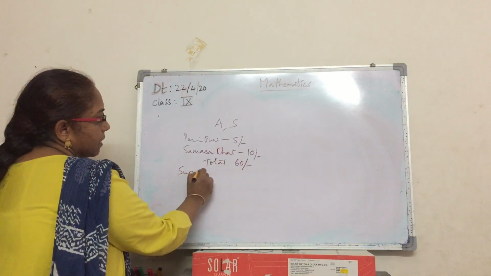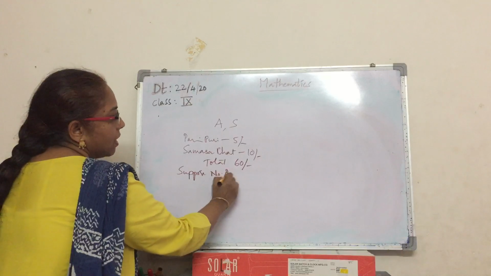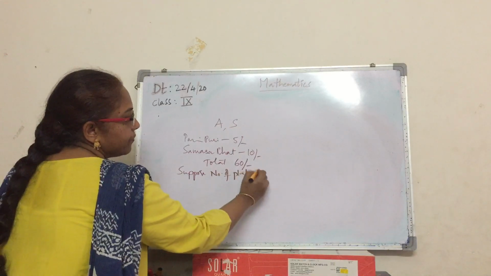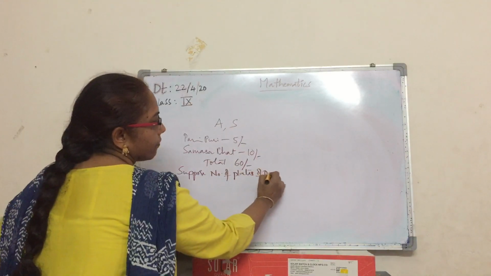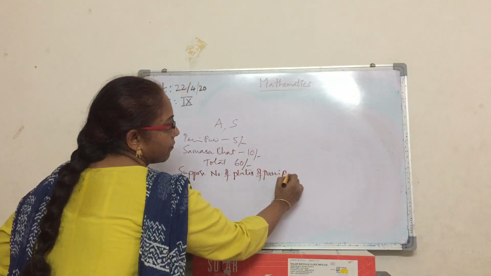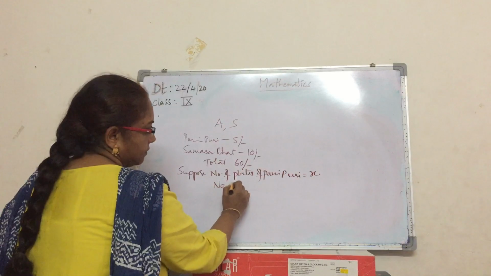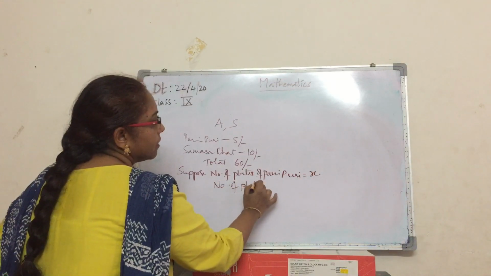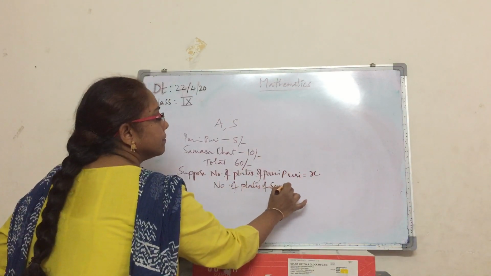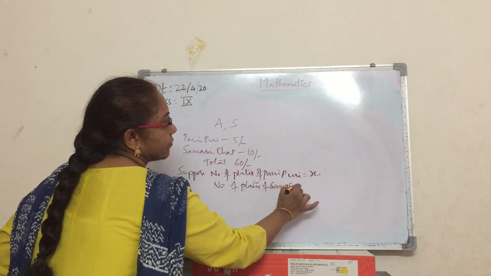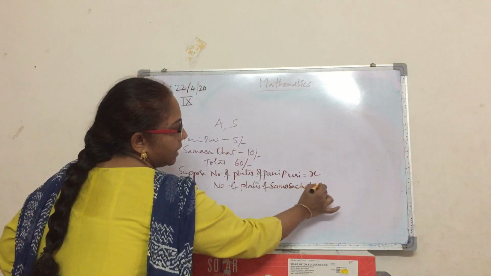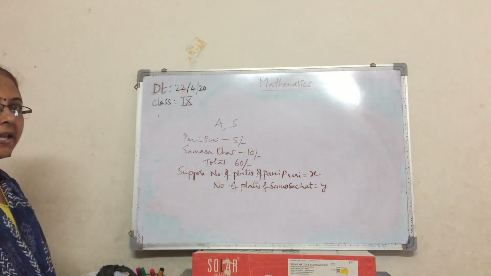Take number of plates of pani puri as x plates, and number of plates of samosa chaat as y plates.